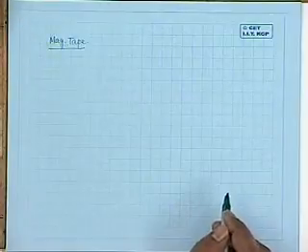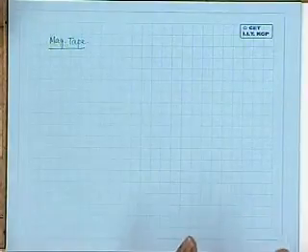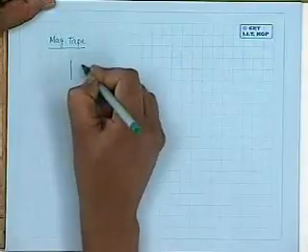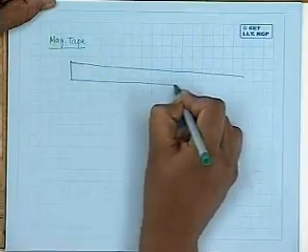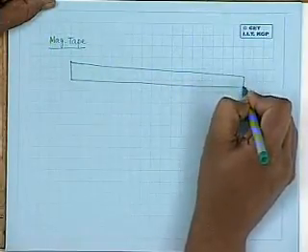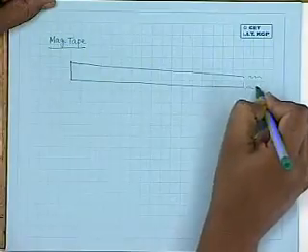As we have discussed before, the magnetic tape is a serial storage device. That means it stores the records, or the blocks, in serial form. So suppose on a magnetic tape, I have a number of records or blocks.